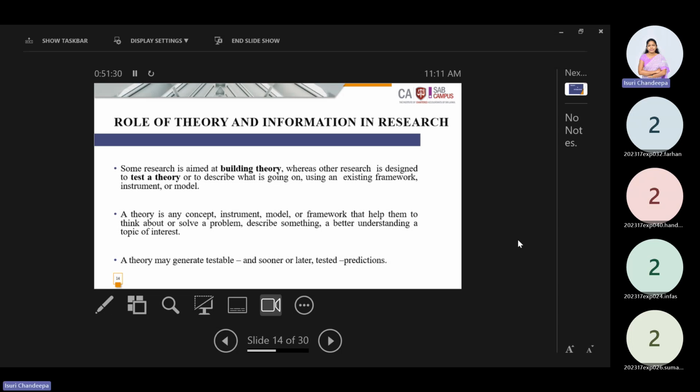Theories: agency theory, as I initially explained to you, stewardship theory, stakeholder theory. What do you mean by the stakeholder theory? Organizations need to reveal information. Why?